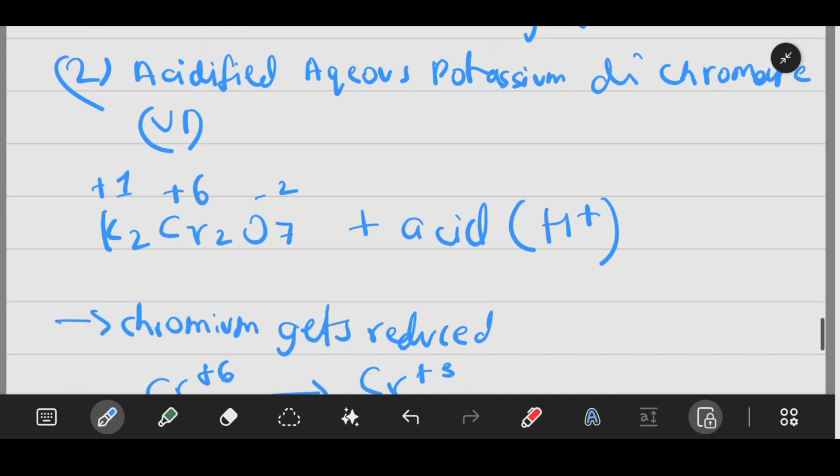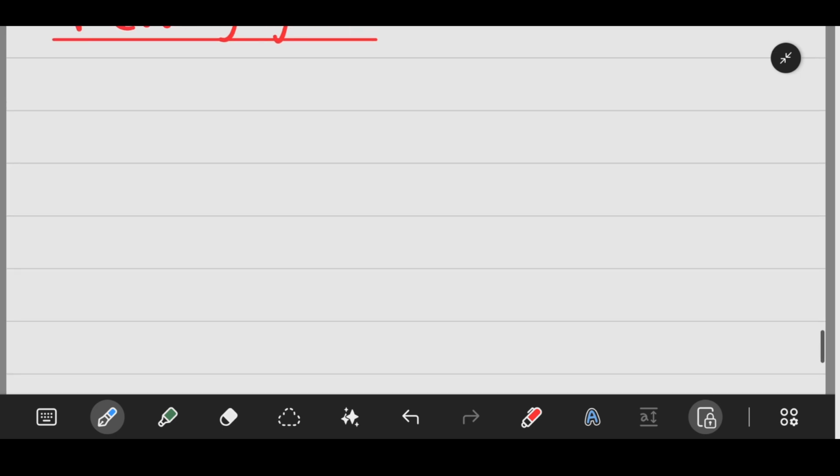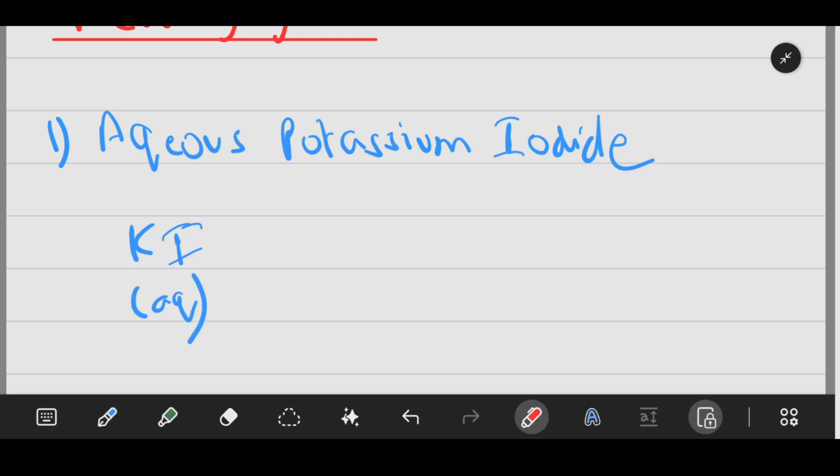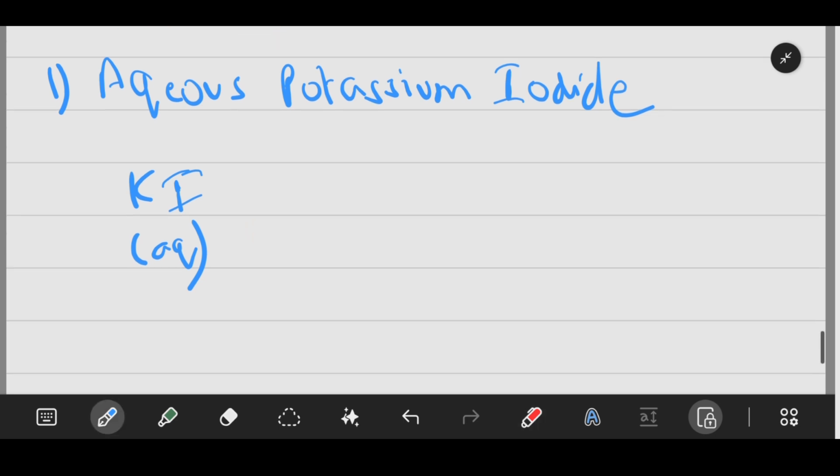So the first reducing agent that we will be looking into is aqueous potassium iodide. The formula for this compound is as follows: potassium and iodine, and it is aqueous. So what's happening in this particular compound that makes it a reducing agent? It contains iodide, to be precise.